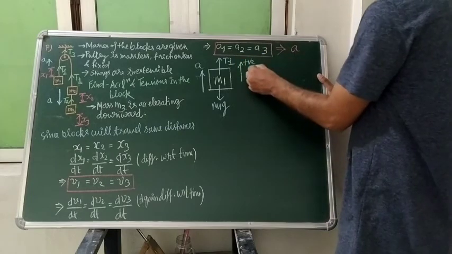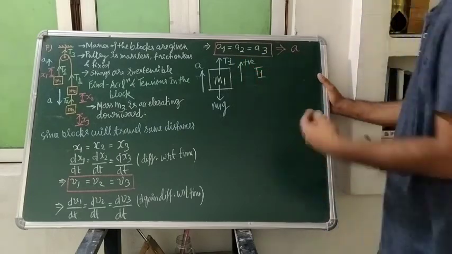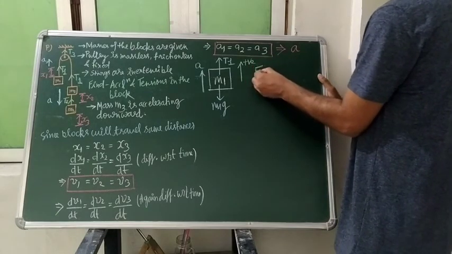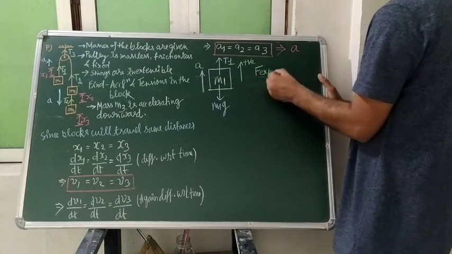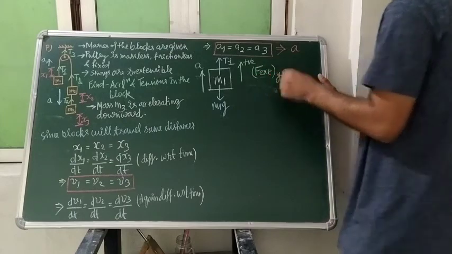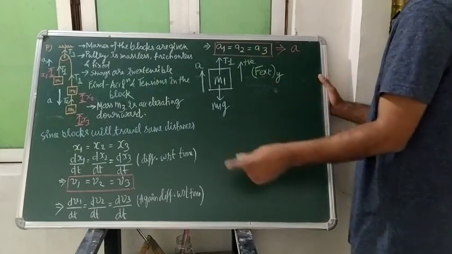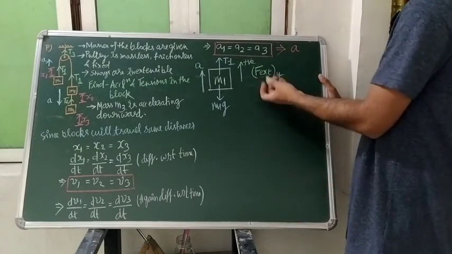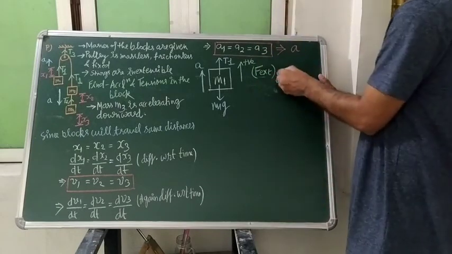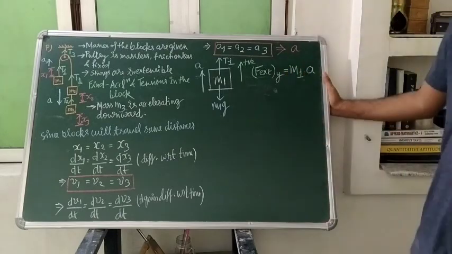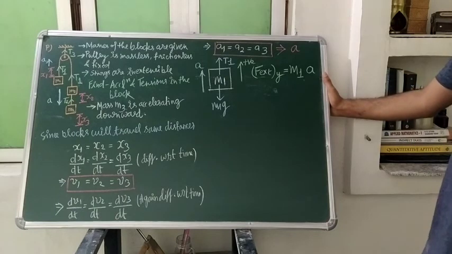So F external: of course in the y direction the forces are present, and no forces are present in the x direction. So F external in the y direction should be equal to what, student? Mass times the acceleration of the body, Newton's second law.